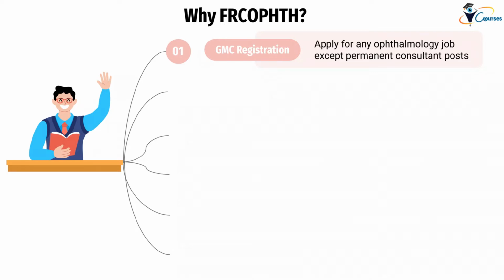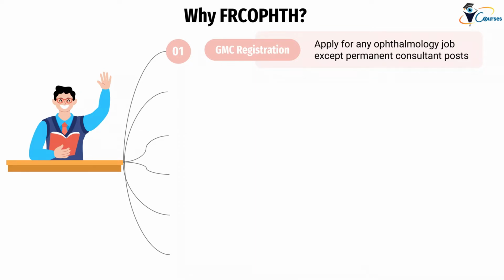Also, the advantage of the FRCOphth is that you can apply for virtually any ophthalmology job, at junior level, senior level, or middle grade. So you can apply to any ophthalmic job: clinical fellow, specialty doctor, trust doctor, or any kind of job, including locum consultant, except permanent consultant posts.